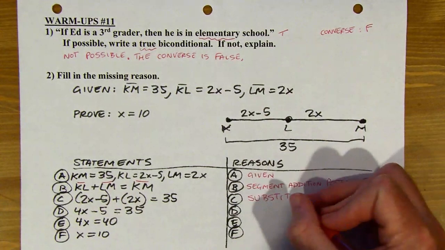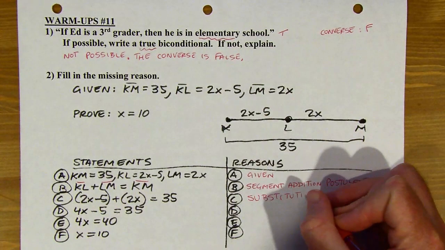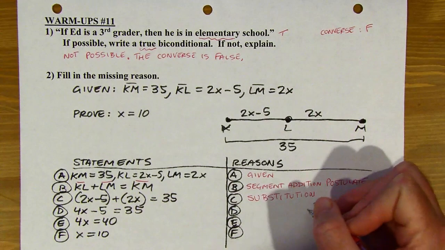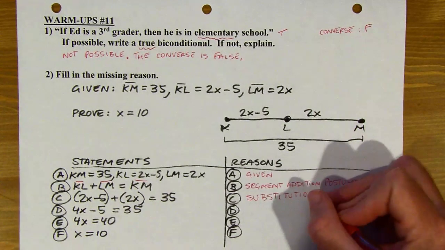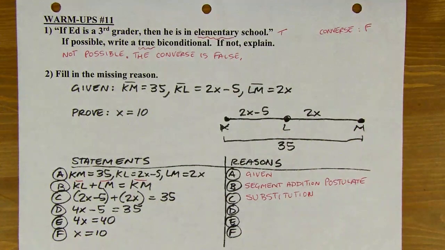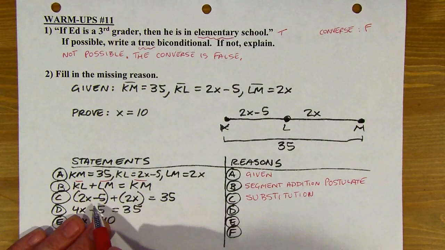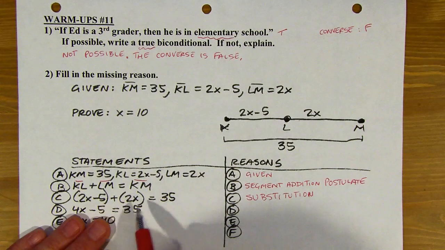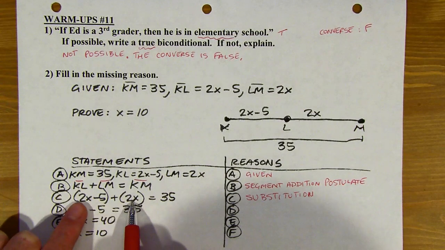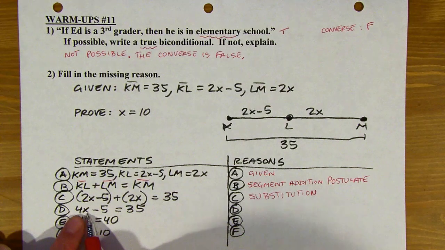And you can abbreviate, but if you just put sub, I might think you meant subtraction. So make sure you get far enough so it's clear it's substitution, okay? And then looking at this, now we've just got an algebraic equation. If you combine the two x's, then you get 4x, which is what I have here.